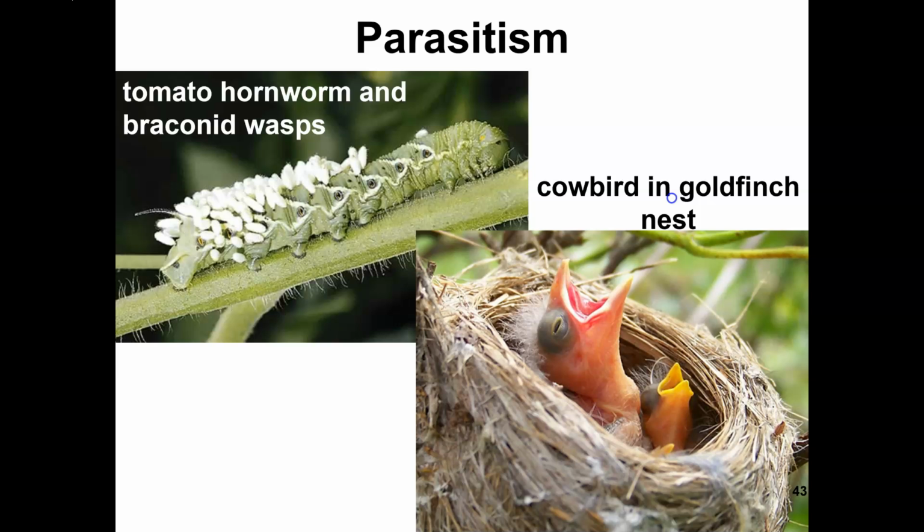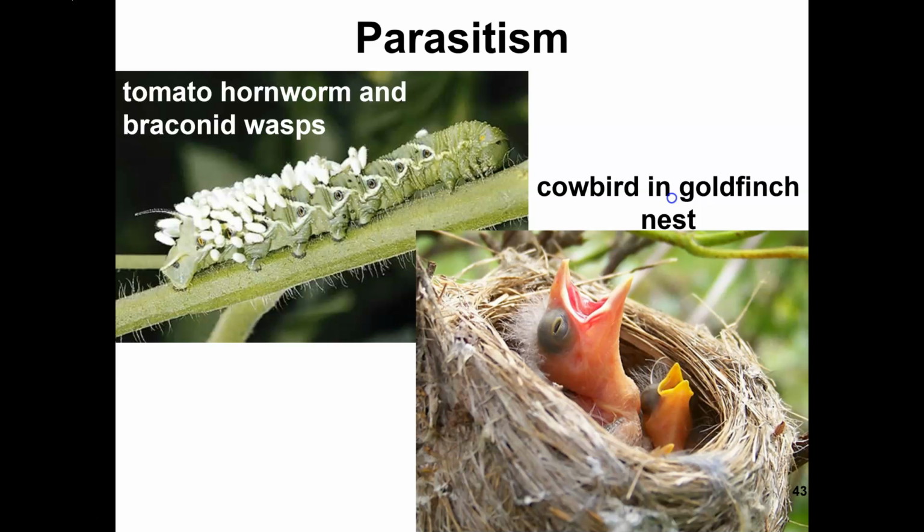Say it's a goldfinch. They'll take one of the goldfinch eggs and get rid of it, and they'll replace it with one of their own eggs, so that the goldfinch won't realize. And then when the eggs hatch, the cowbird is much bigger than the other birds.